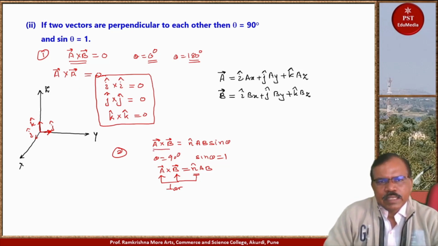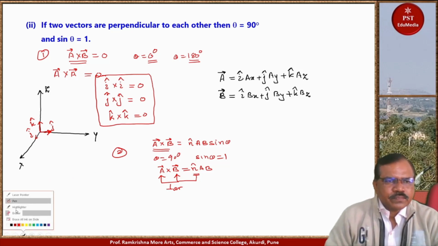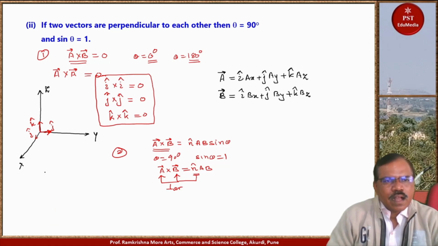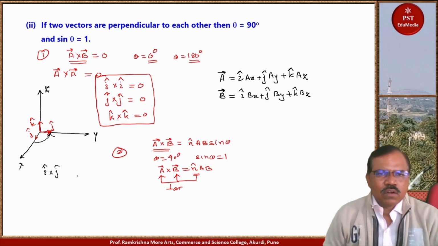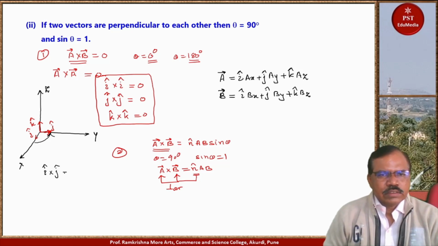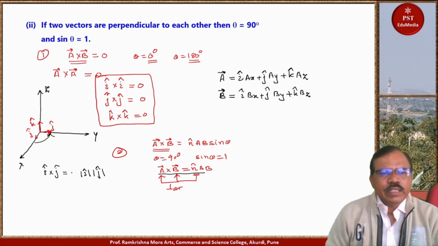Now suppose we take A cross B. Suppose A is I. So we get I cross J, meaning we are going counterclockwise like this. The magnitude of I is 1, the magnitude of J is 1, and we are using a unit vector.